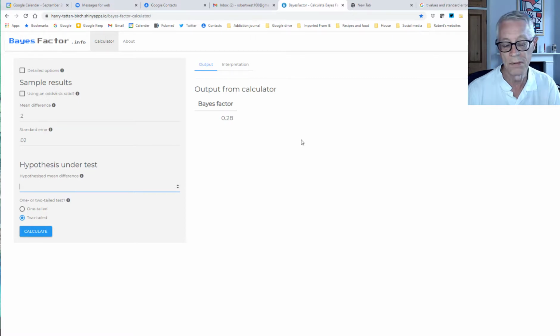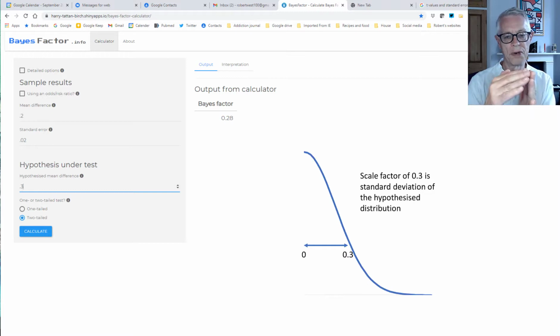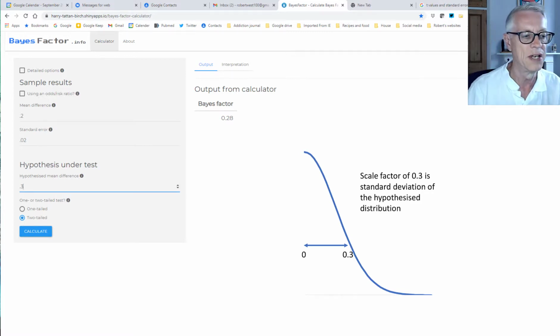So if your hypothesized mean difference is, let's say, 0.3, that's what you thought it would be, then this simple version will say, well, our H1 hypothesis is that there will be a difference in reaction times, and it will be somewhere between just above 0 and some value, tailing off as a normal distribution does, but with a standard deviation of 0.3.